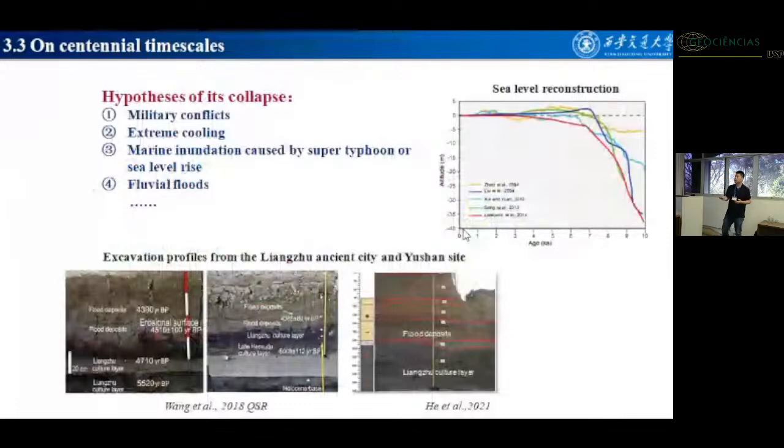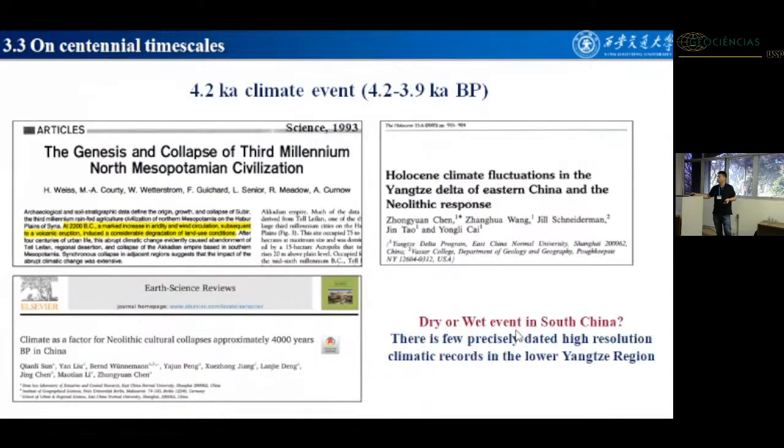It's because there is a silt layer that covers the Liangzhu culture layer, but there are still no high-resolution paleoclimate records. And also, this period is very close to the 4.2 event. As we know, the 4.2 event in Central Asia is a dry event, but why in Southeast China do many evidence show a wet climate?